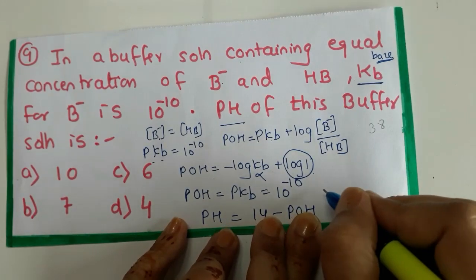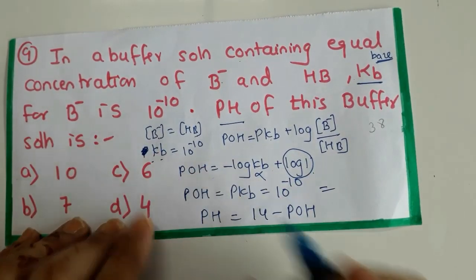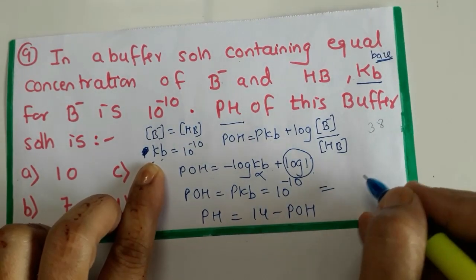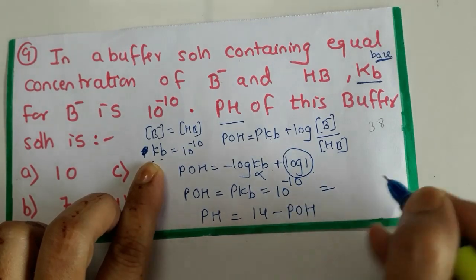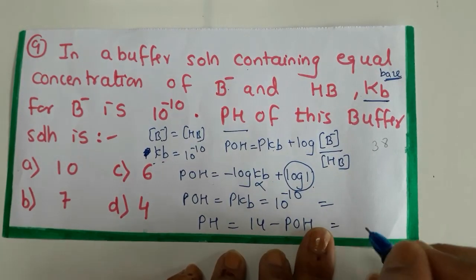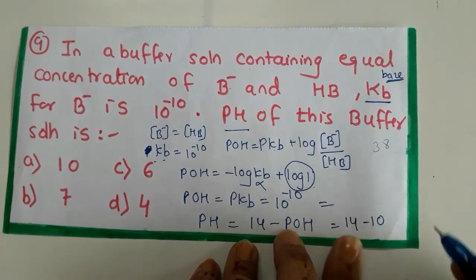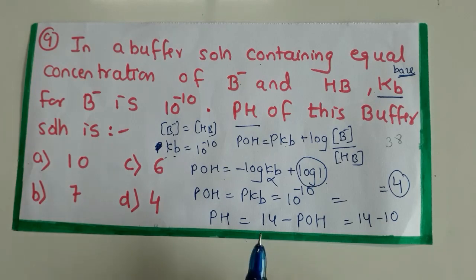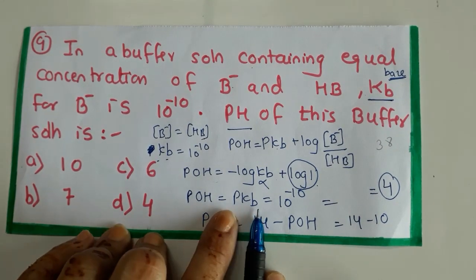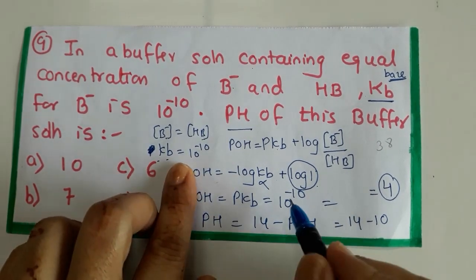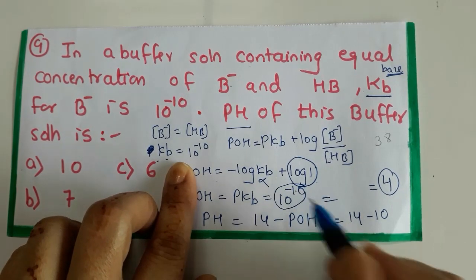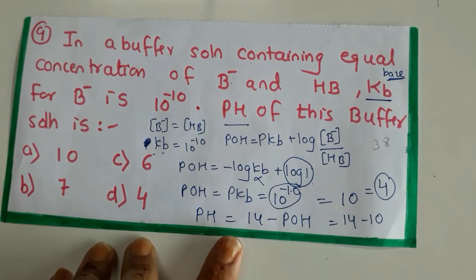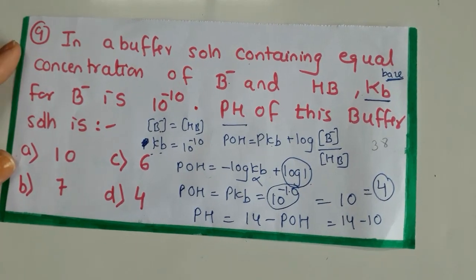If Kb is given, then pKb would be 10, so 14 minus 10, the answer is 4. So what we have done, pOH is equal to pKb, because the Kb value is 10 raised to minus 10. When you solve this, you will get the answer as 10. So pH is equal to 14 minus pOH.